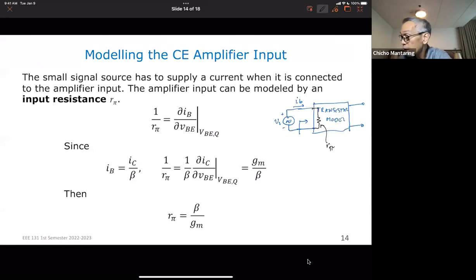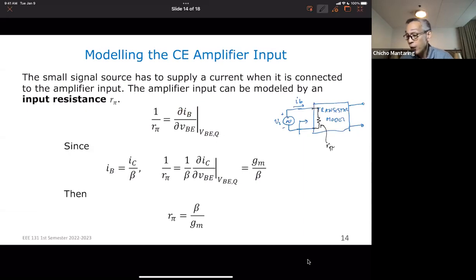Okay, so how do we compute for R of pi? R of pi is just the rate of change of I of B with respect to VBE. Now, ang unang inclination natin would be to take a look at the input curve. No? The input curve is your I of B versus VBE. But it turns out we don't really have to do that.